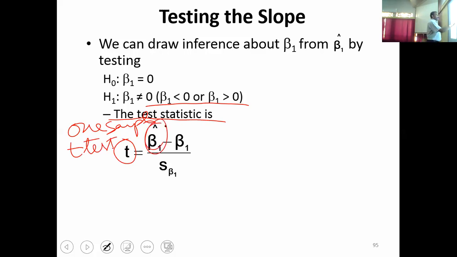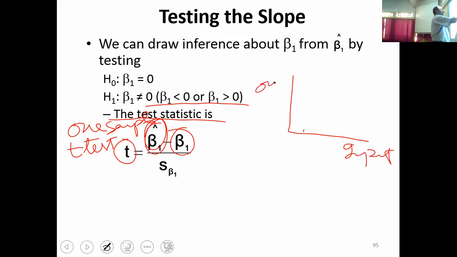This is the predicted value coming from our model. We can test it. Let's say in an economic study, this is the input and this is the output. If I increase x by 1 unit, how much output increase in y? Let's say beta 1 is equal to 2.2 as an example.